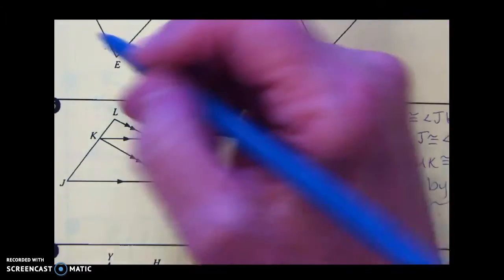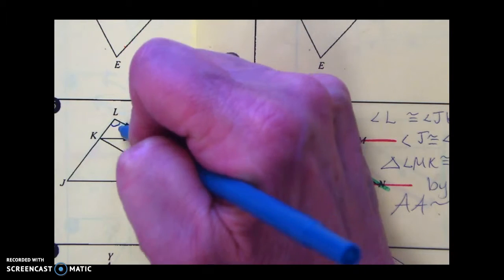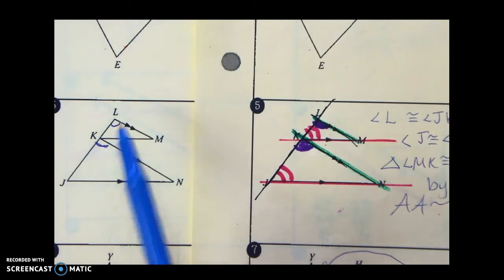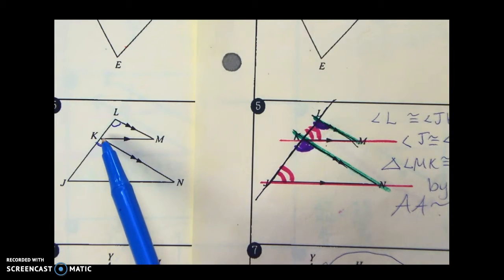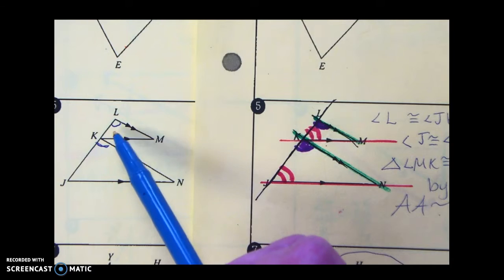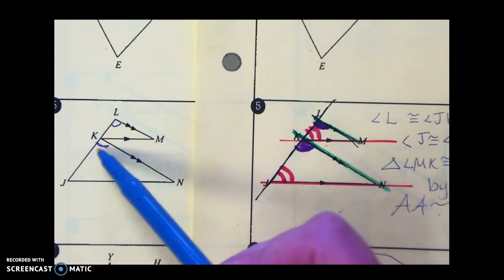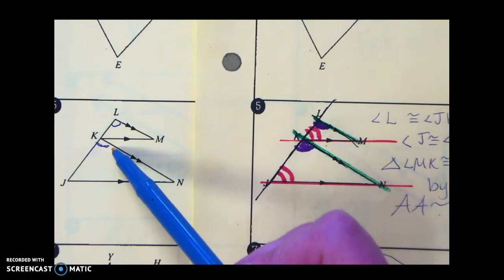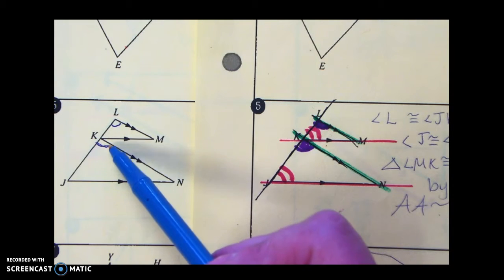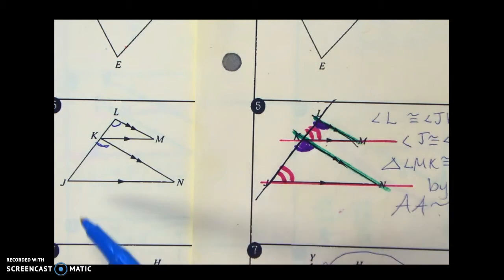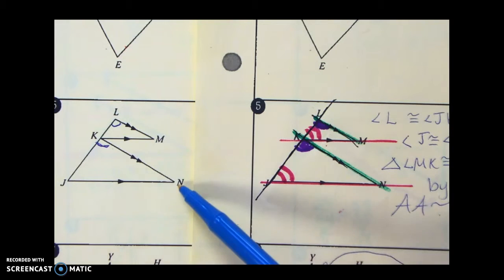I can mark it on this. So we end up with this angle congruent to this angle, which is angle L. And this, we cannot just say angle K, because this could be angle K, this could be angle K, or the whole thing is really angle K. So we have to be precise about making sure we identify just this angle. So that is going to be JKN.